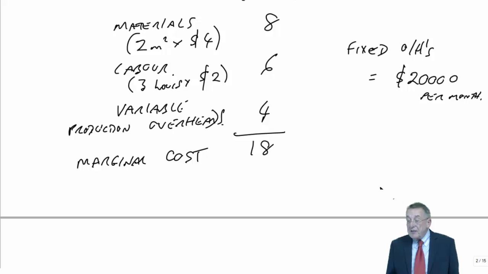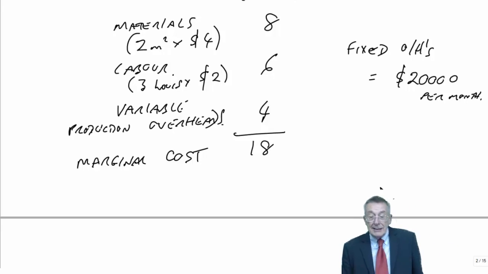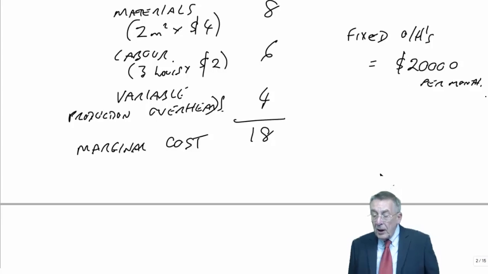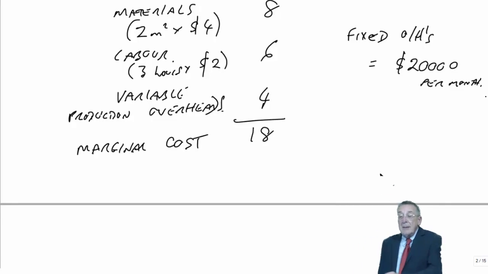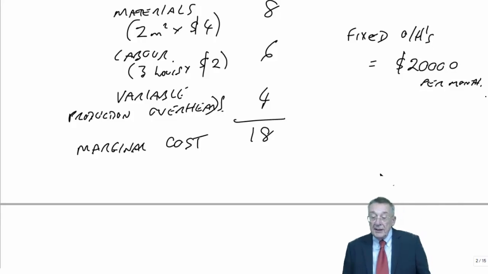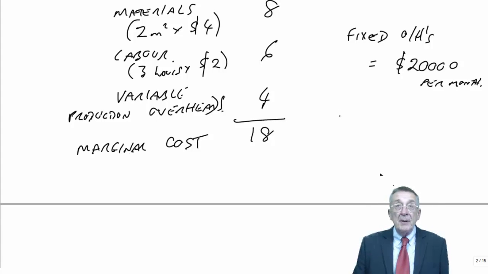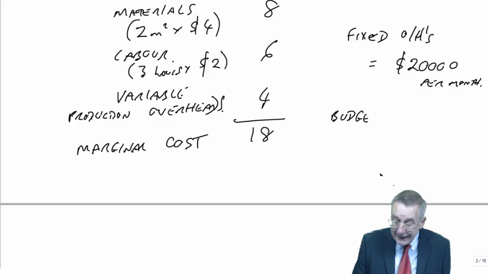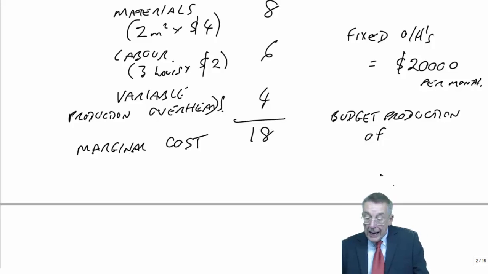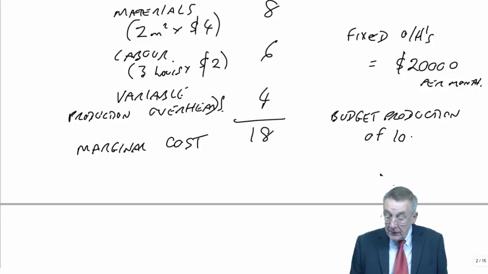Well, it is a cost of production, and so if I wanted to include that in the unit cost, the problem is, of course, it may be $20,000 a month, but how much is it per unit? In order to decide my cost per unit, I'd need to decide how many I expected to produce. Suppose I was budgeting on production of 10,000 units a month.